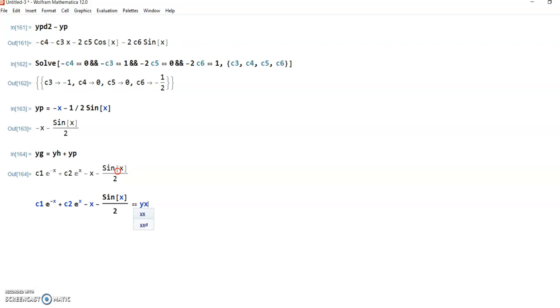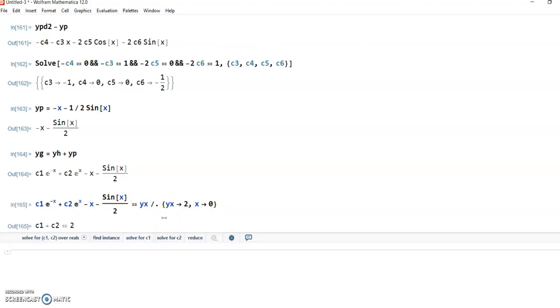I can represent it by y(x), and then I will replace y of x with 2, which was the initial value condition, and x with 0, because when x was 0, y of x was 2, so I will replace it with this. So this will give us an equation c1 plus c2 is equal to 2.